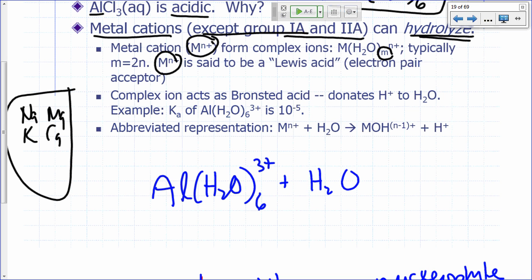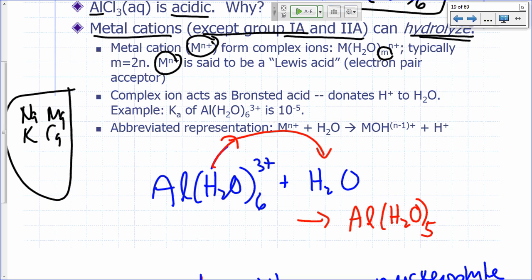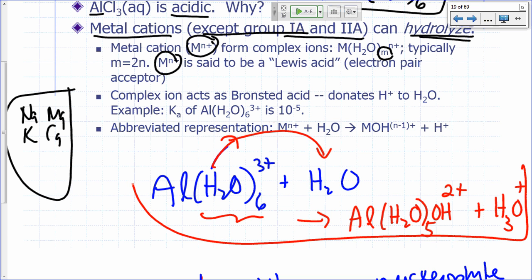One of these hydrogens is going to transfer over to a water molecule, right? So that gives you Al(H2O)5OH, since one of the waters has lost its hydrogen, so it's now OH. The charge is now 2+ instead of 3+, and then the other H has gone on to the water molecule. So this is the reaction.